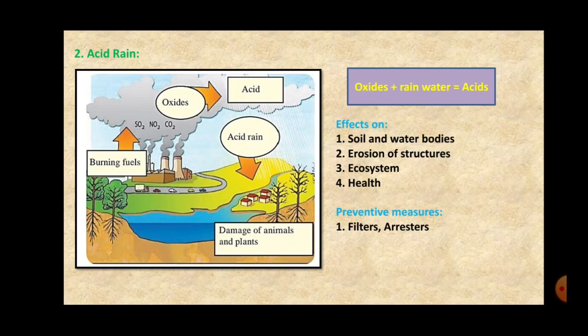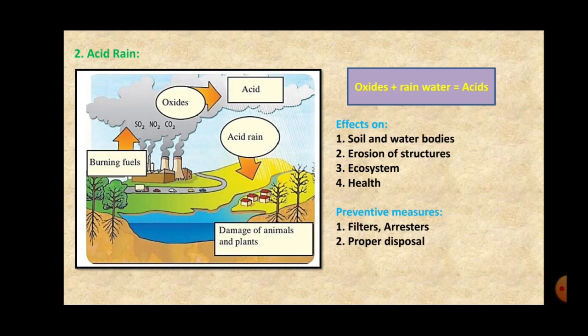So there are certain instruments or equipment which can be fitted in the chimney from where the smoke comes out. They are called arresters or filters, and they can arrest the harmful particulate substances from being released in the atmosphere. So this is the first preventive method.